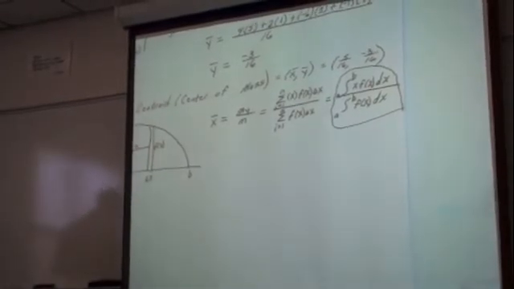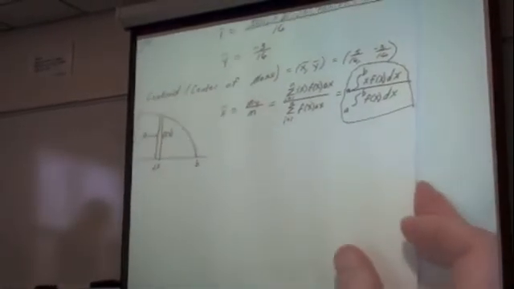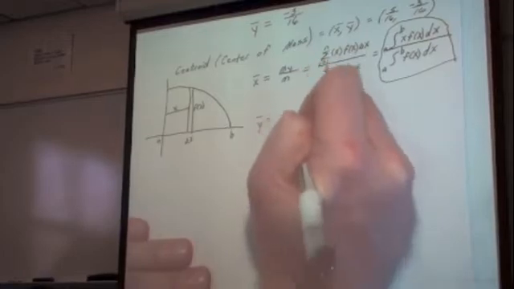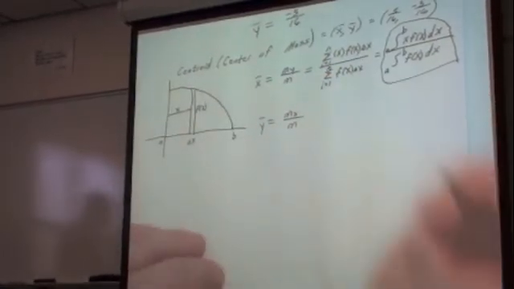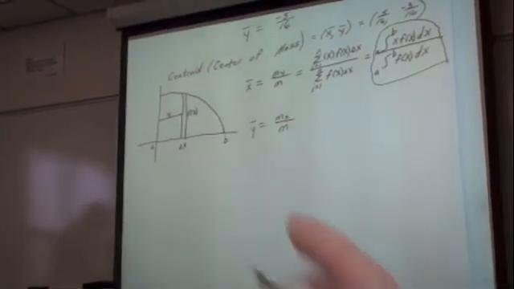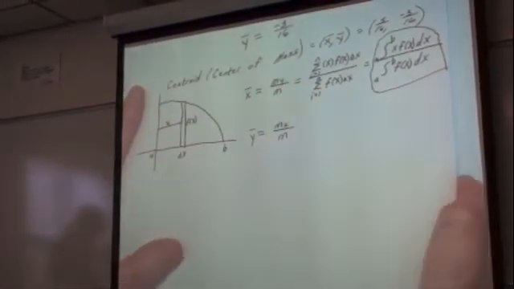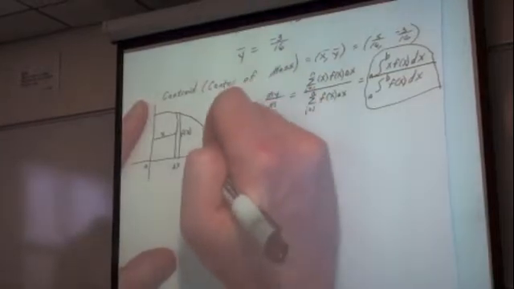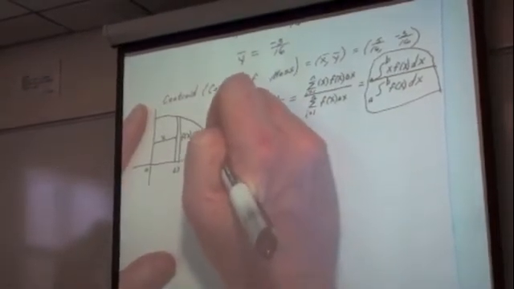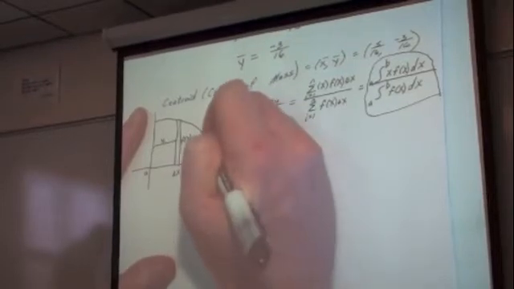Now, as far as the average y value, I'd say the average y value is going to be the moment about the x-axis divided by the summation of the masses. If I draw it under this same curve, to figure out the average y value, I would have, again, some rectangular region in here.